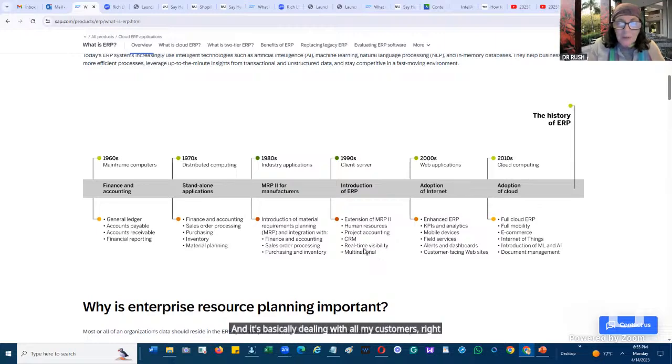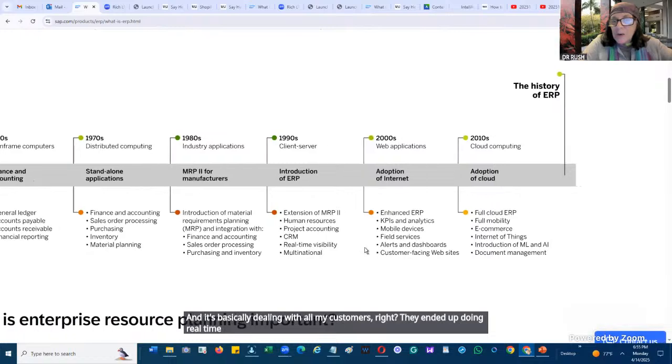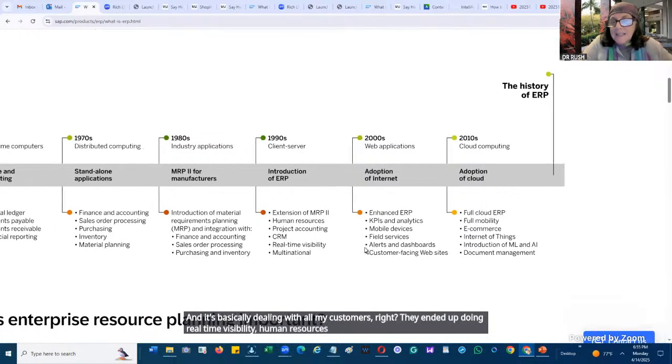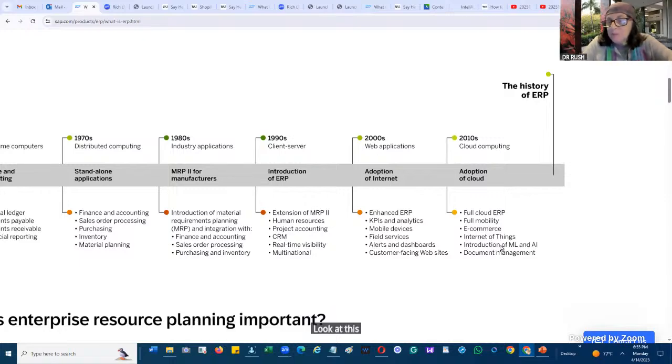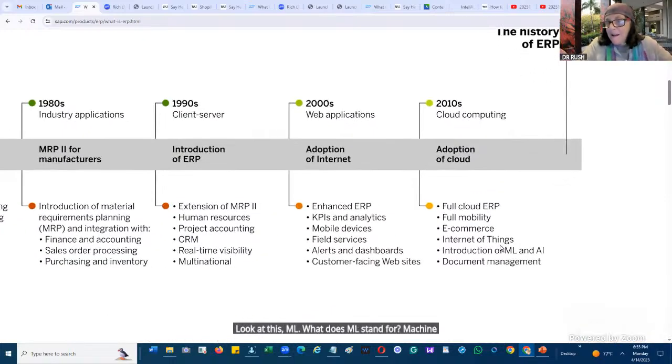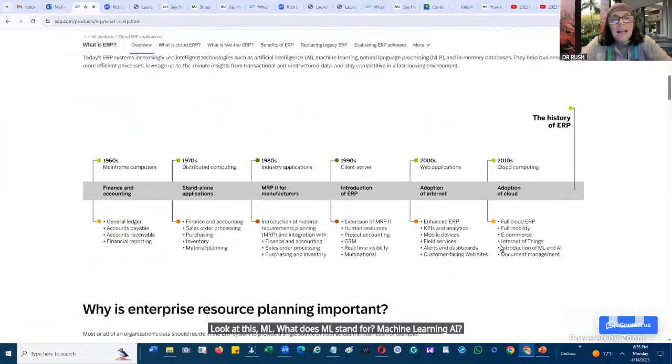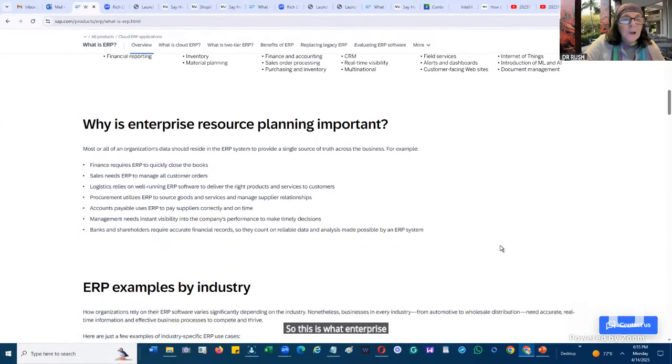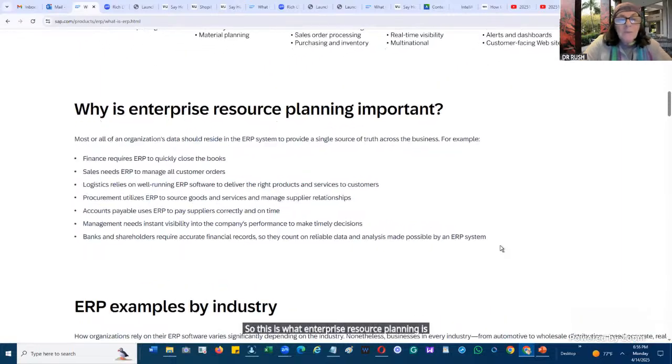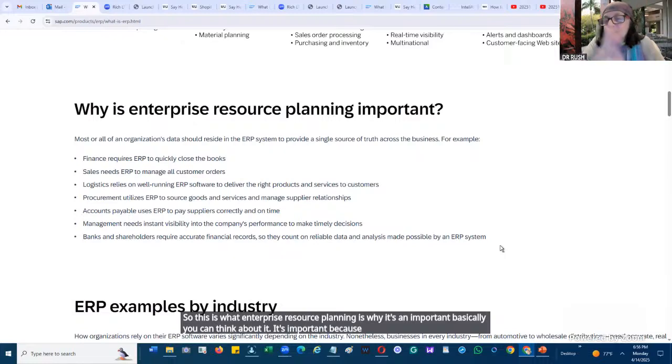They ended up doing real time visibility, human resources, KPI, which is key performance indicators, mobile, cloud. Look at this, ML. What does ML stand for? Machine learning, AI. So this is what enterprise resource planning is, and why it's important. Basically, you can think about it. It's important because I have a lot of resources I need to plan.